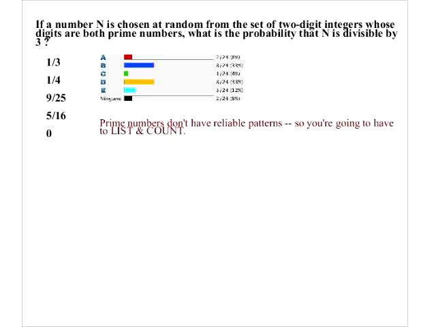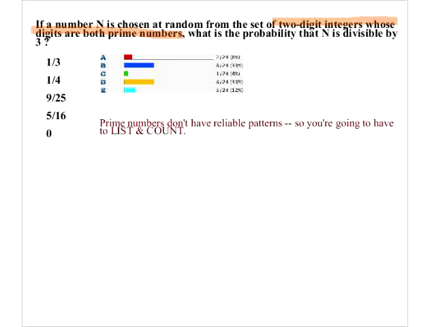So, two-digit integers whose digits are both prime numbers. Also, this is probably being misinterpreted by some people, especially if you're giving an answer of E. If you gave a probability of 0, then you're probably not reading the question the right way. Two-digit integers whose digits are both prime. Remember that digits are considered as one-digit numbers.